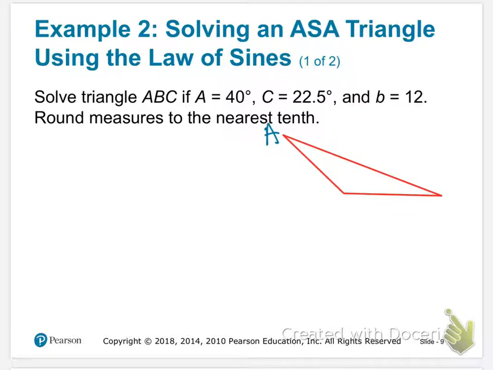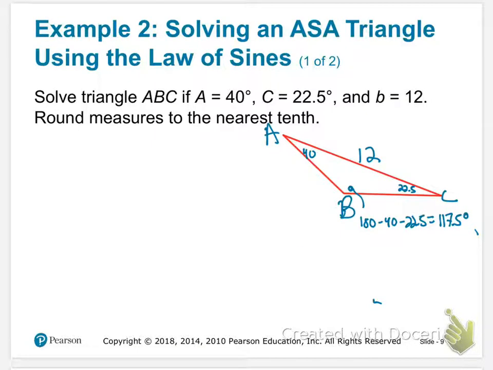So A, I'm going to call this one C, and I'm going to call this one B. So this is 12, and this one here is 40 degrees. This one here is 22.5. To find this angle B, remember we use 180 and subtract the two angles we have, 40 and 22.5. When you put those into your calculator, I arrived at 117.5 degrees.